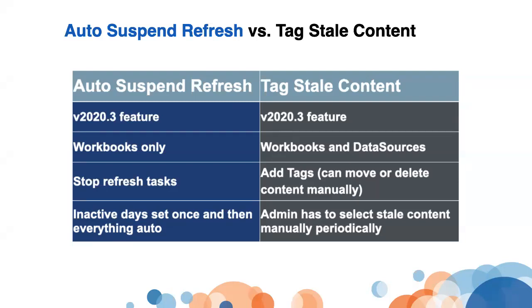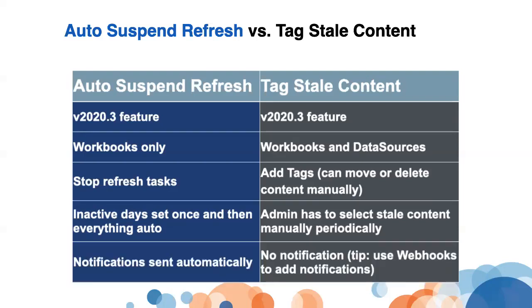However, tag stale content is something that you as admin have to do manually, periodically, every single time. As mentioned before, notifications are sent out automatically for auto suspend, but there's no notification for stale content.